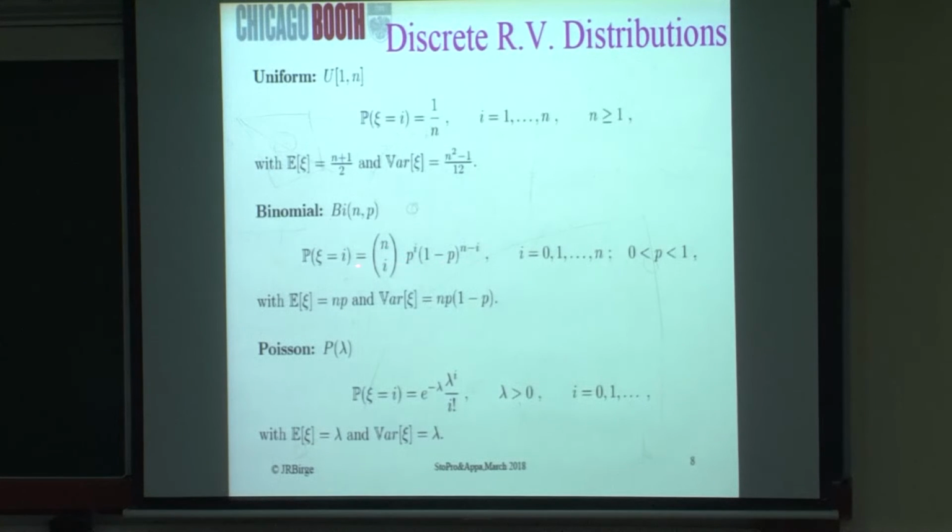For each of the possible ones, there's a probability of p to the I that they happen. These are the ones that were successful, and then these are the ones that weren't successful. Those are the ones that had probability 1 minus p, and there are n minus I of them. And then, where could they occur? So there are all the possible places in which those I successes could occur. So that's the n choose I part.